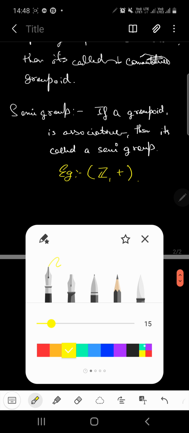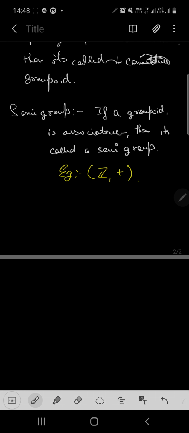Next we have a monoid. What is a monoid?